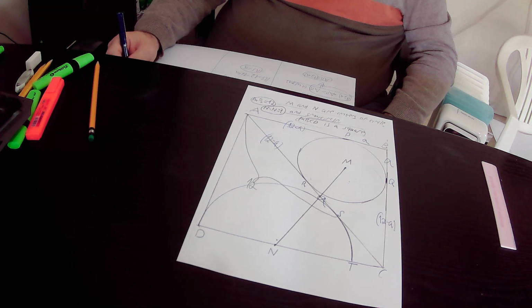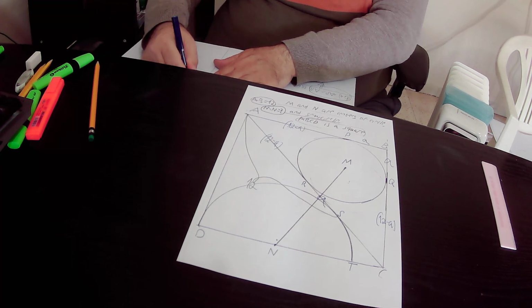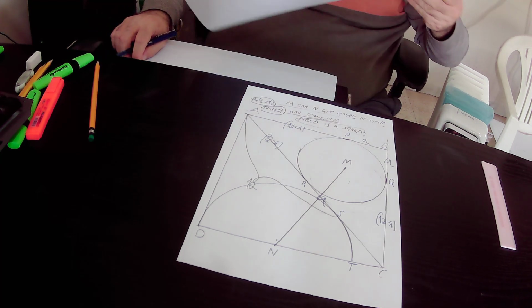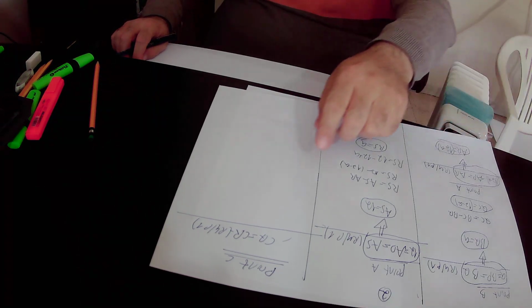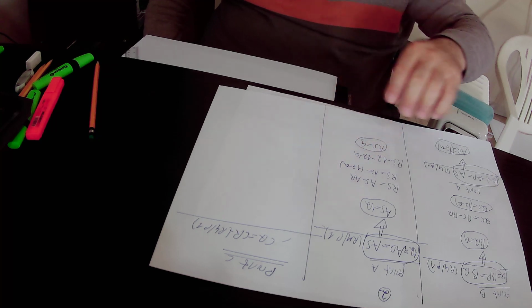According to rule number 1, the lengths of those two tangents are equal to each other. That is to say, CQ equals CR according to rule number 1.